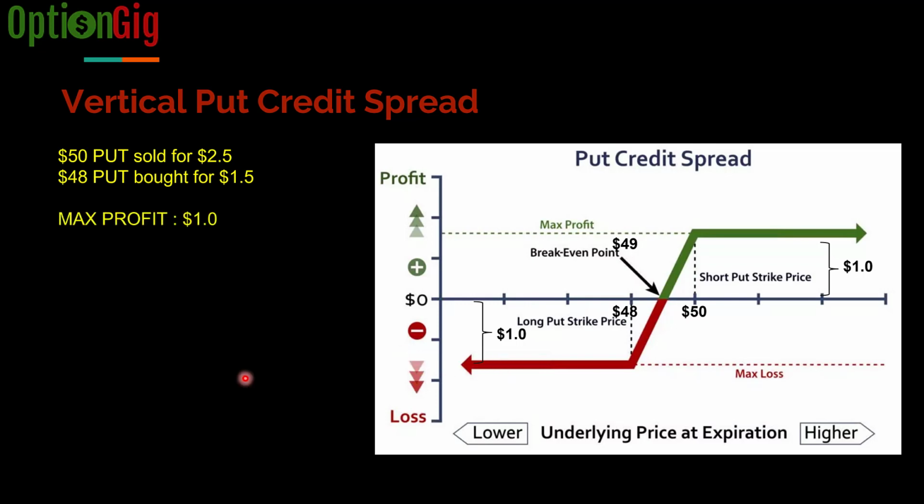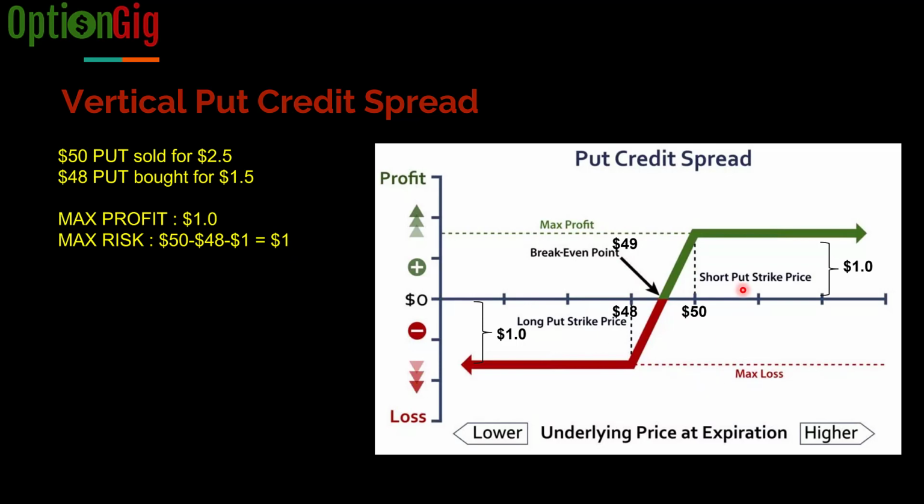Your maximum profit in this case is $1, because you sold a $50 put for $2.50 and bought a $48 put for $1.50. The maximum profit is the difference between these two, which is $1. But your maximum risk is now reduced from unlimited to $50 minus $48 minus $1, which is $1.